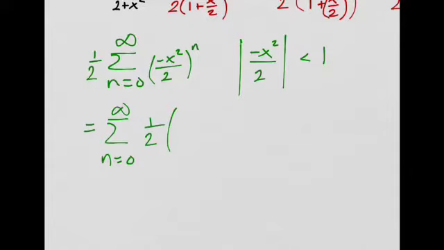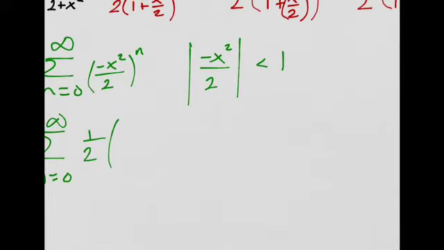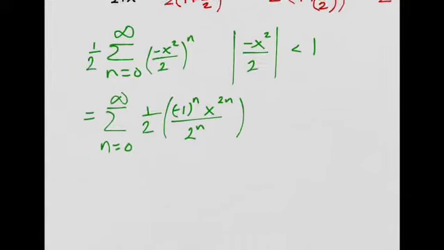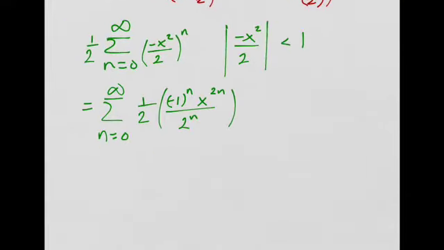Okay, so I'm going to kind of split this up. There's a -1 there, so I would have -1 to the n and x to the 2n, right? Because I would distribute that, you can think of it as distributing. And then 2 to the n on the bottom. Now this is looking like a crazy power series.